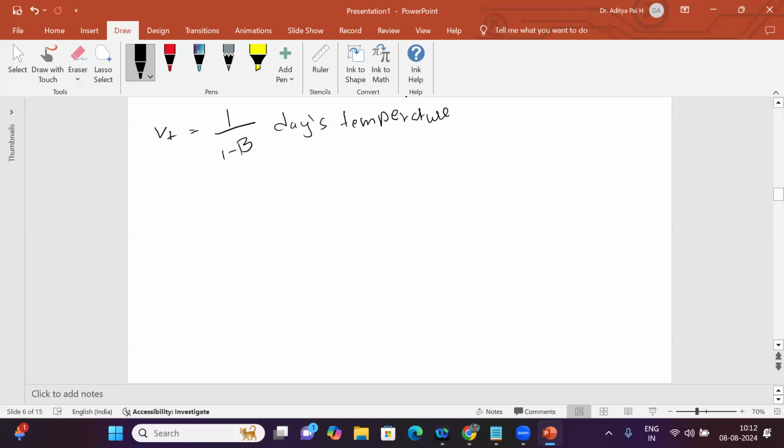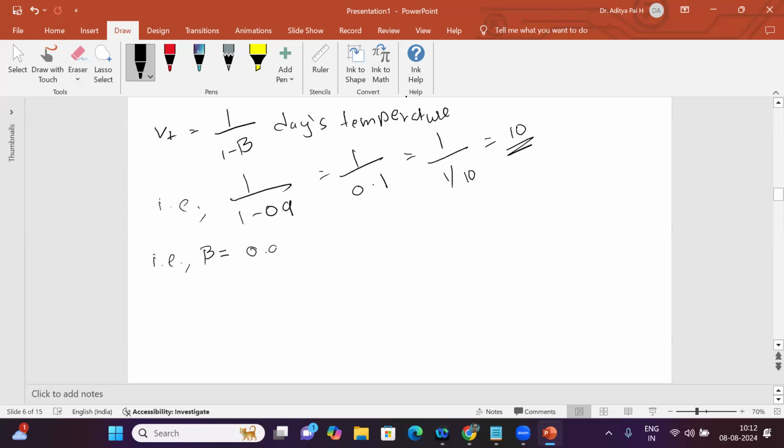That is 1 by 1 minus 0.9, which is 1 by 0.1, which is 1 by 1/10, which is 10. So if you take beta equal to 0.9 as the value, we are taking roughly the 10 days temperature value.